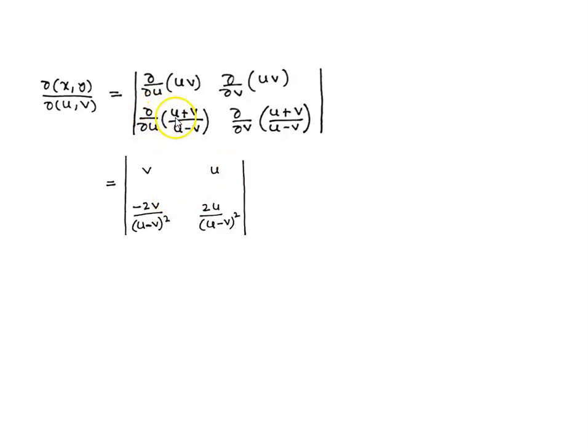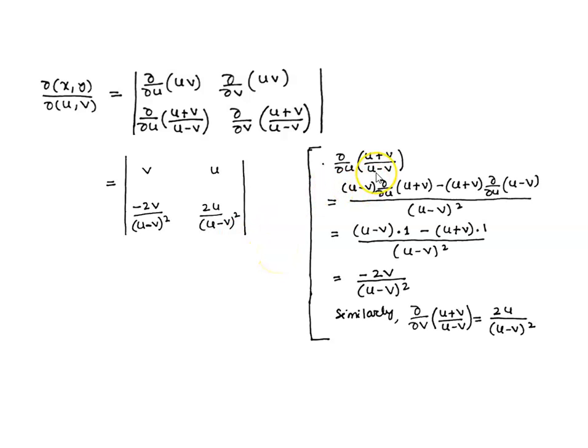Similarly, partial derivative of u plus v divided by u minus v is minus 2v divided by u minus v whole square, because for the partial derivative of u plus v divided by u minus v with respect to u, here v is treated as a constant.